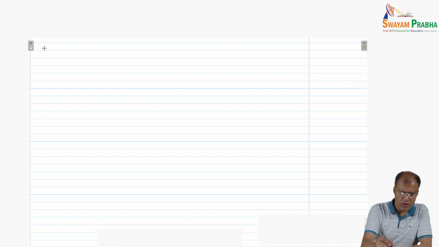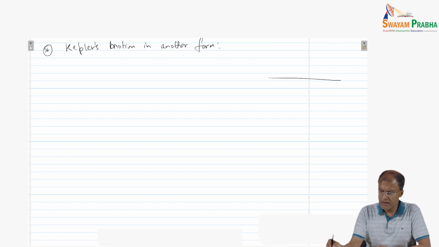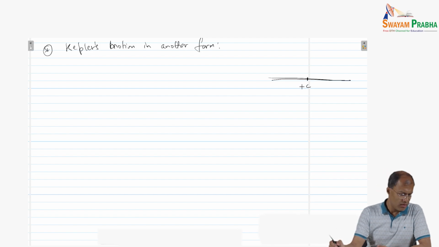So we are talking about Kepler's motion in another form. Let us now rewrite our ellipsoidal motion, motion along the ellipse, in another form.